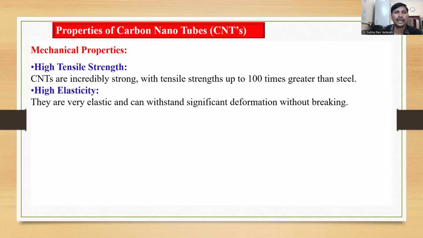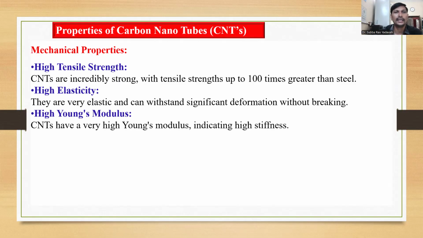Here, these are very elastic and can withstand significant deformation without breaking. That means carbon nanotubes are highly elastic. They can elongate with respect to the force, and they will never change their properties after deformation also.